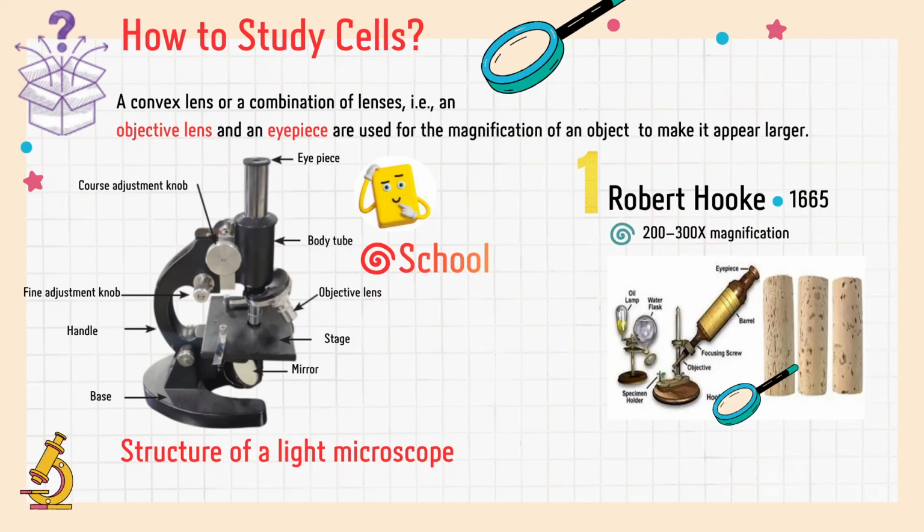A microscope uses combinations of lenses called the objective lens and the eyepiece to enlarge objects thousands of times.